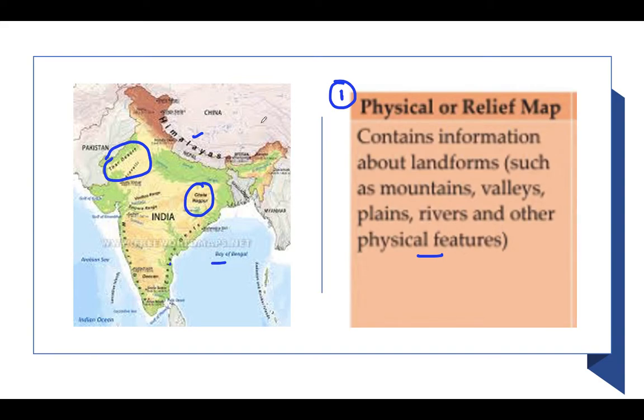Is it clear? In any map that shows different landforms of the earth, it is called a physical or relief map.